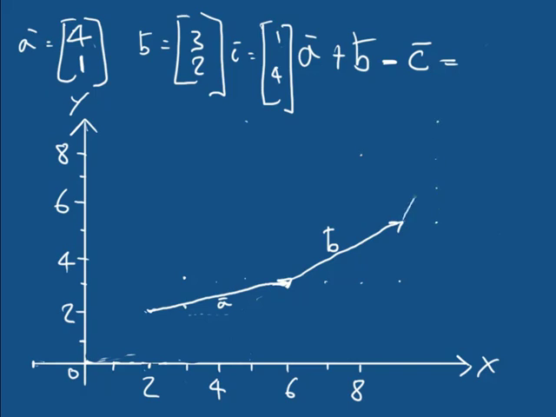Something like this would be if we were adding c. That's the direction we travel, but we're traveling in the opposite direction. So the end of c is going to touch here, and we're going to travel minus 1 in x, so that's down to about here, and we're going to be traveling minus 4 in y, so 1, 2, 3, 4, down to about here is going to be giving us c.